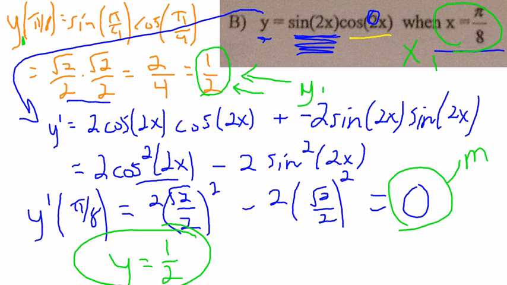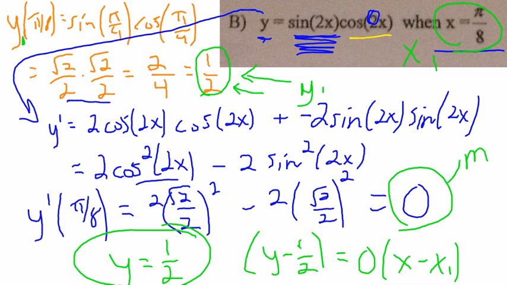So the other way I could write it is y minus y1, which is 1/2, and I like to put it in parentheses, is equal to 0, the slope m, times x minus x1. Oh, that's not what x1 is. x1 is pi over 8.